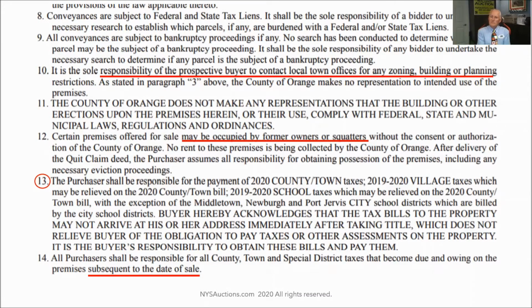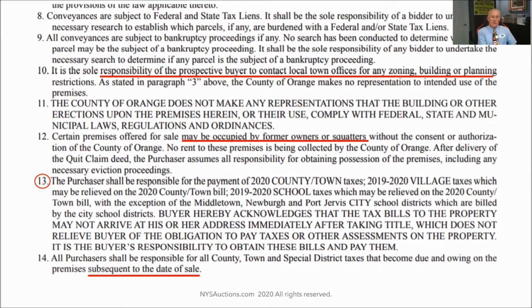So if those people still occupy the property once you take title, it will become your responsibility to remove them from the property. And in an extreme case, it may be an eviction. The eviction is done through the county sheriff's department. Once you take title, you can begin that petition yourself. It's a legal action.